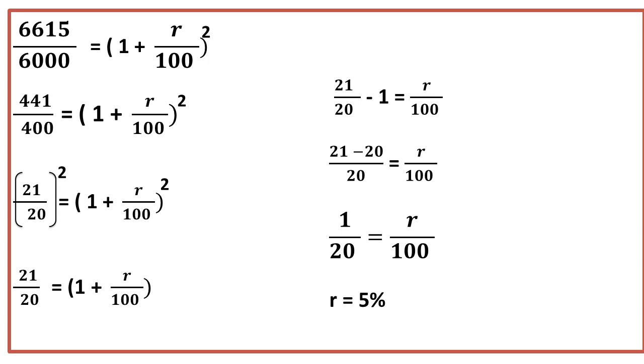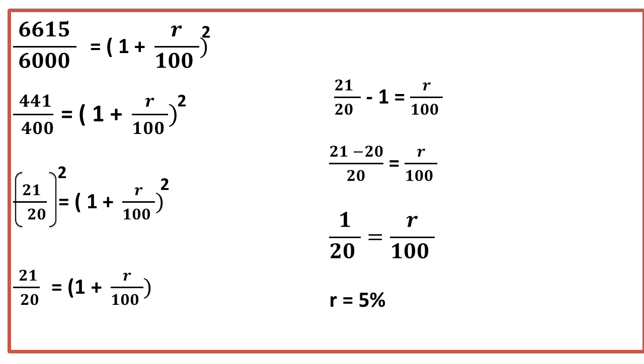Why? Because on the right hand side we have the value to the power 2. So 441 by 400 can be expressed as 21 by 20 whole square. As the powers are same, the base can be equated. Therefore, 21 by 20 is equal to 1 plus R by 100.